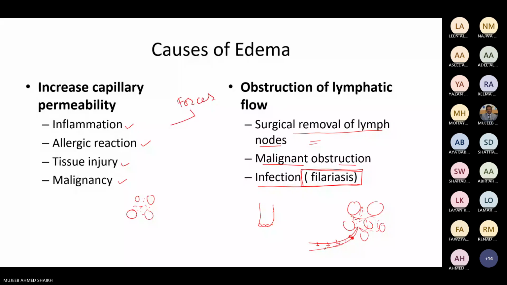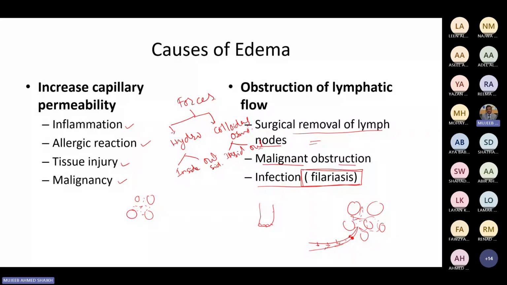Basically, these 4 forces are actually 2: one is hydrostatic force, another is colloidal osmotic pressure. Each is present inside the capillary and outside it.